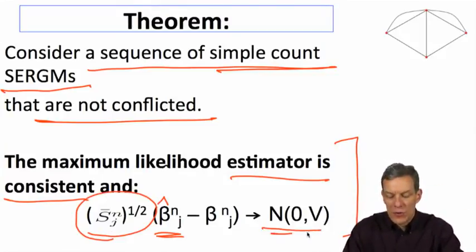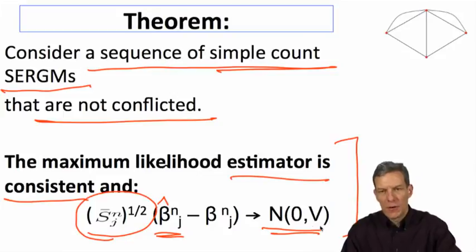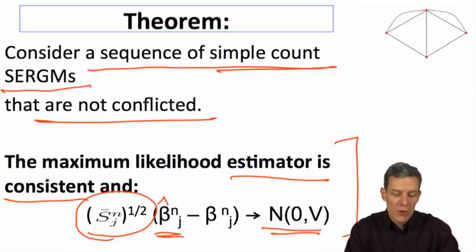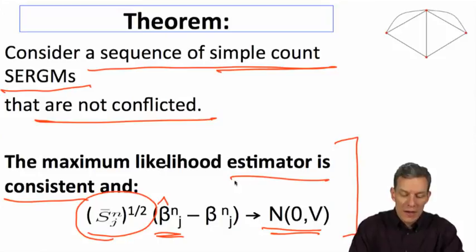It's actually normally distributed with mean 0 and a variance expression based on a binomial calculation. So you've got a fairly simple formula for the convergence rate, and you've got consistency.